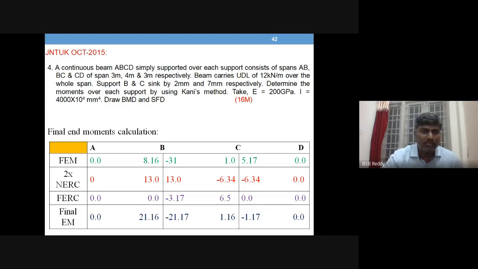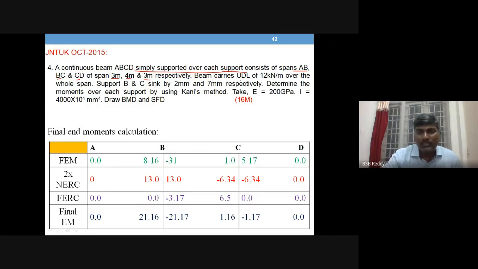Now take this problem of a continuous beam having A, B, C, D nodes simply supported over each support, consisting of spans AB, BC, CD of 3 meters, 4 meters, 3 meters respectively.